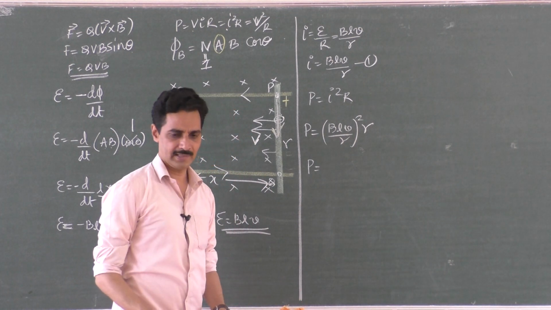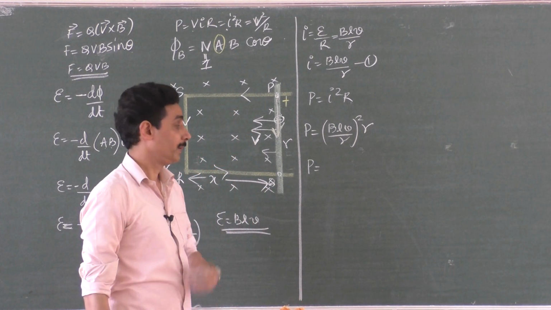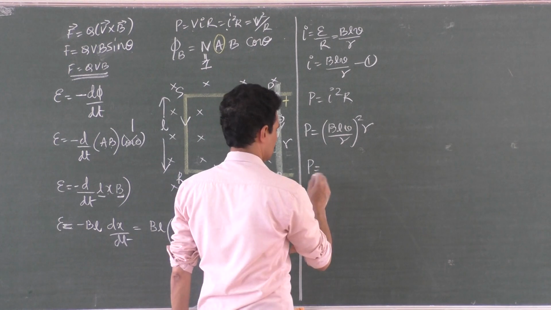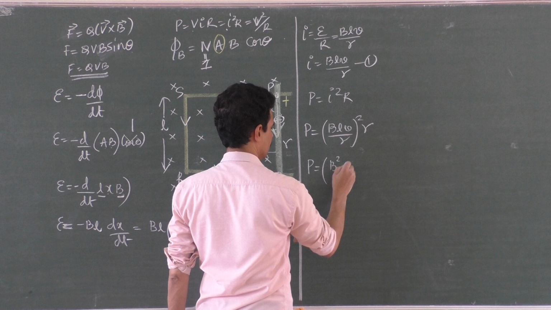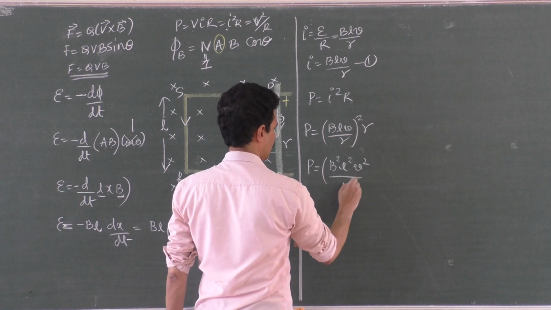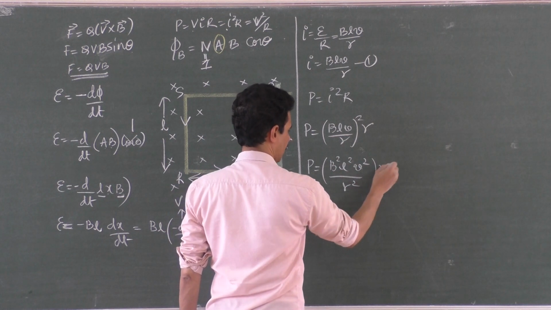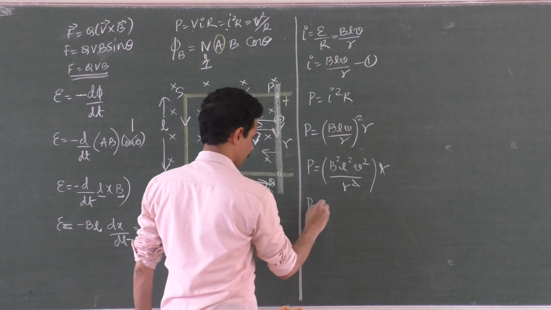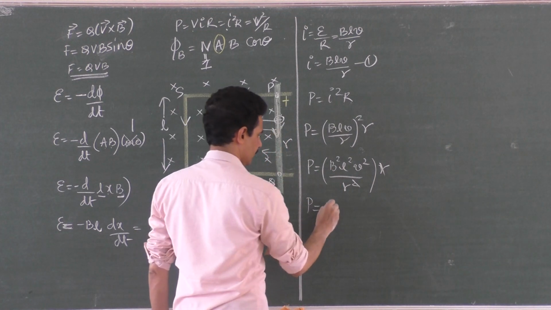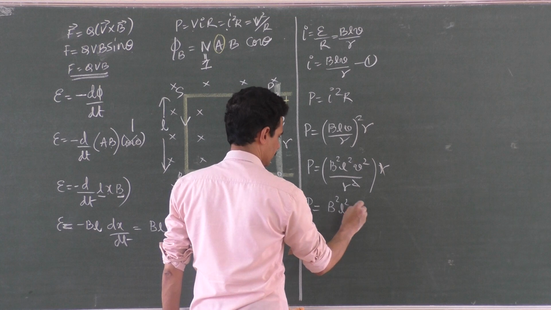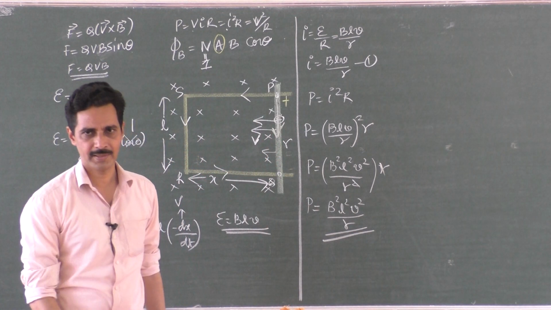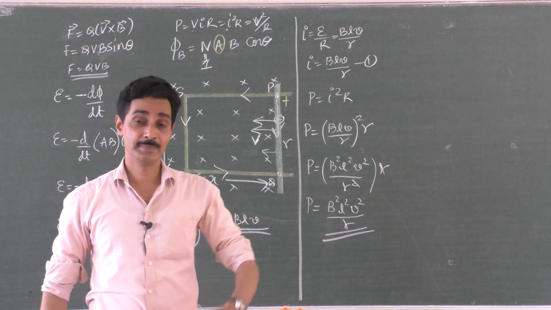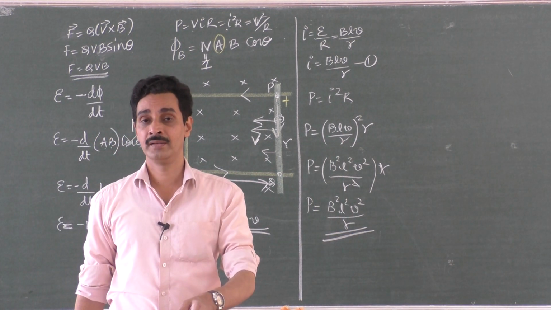Power generated, heat generated per second, is B squared L squared V squared by R squared into R. One R gets cancelled. So power dissipated in the form of heat is B squared L squared V squared by R. This is the amount of heat generated per second. This has been developed because of the induced current.